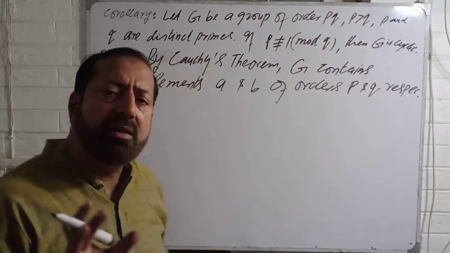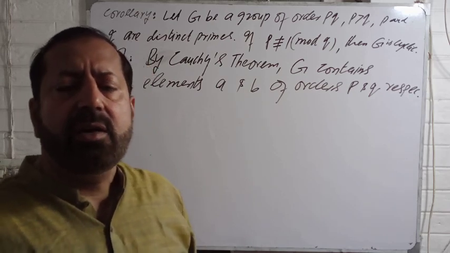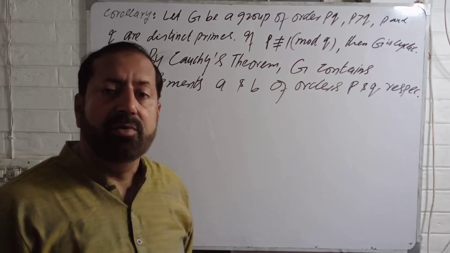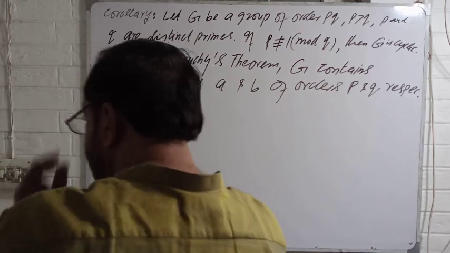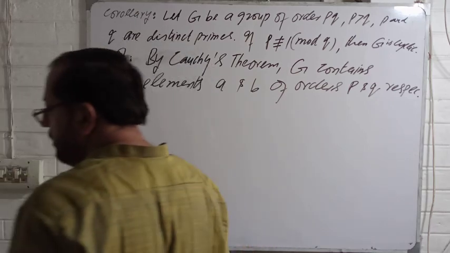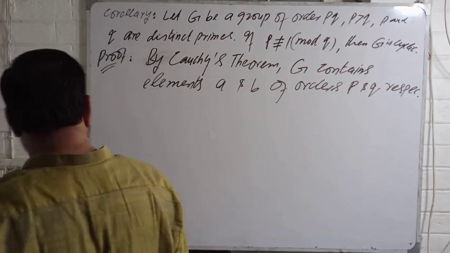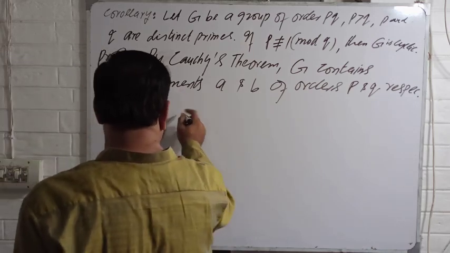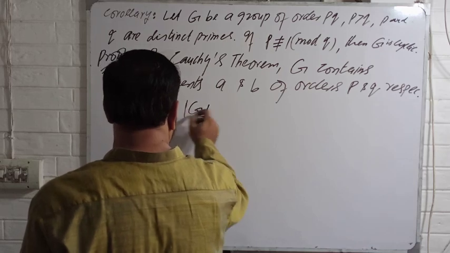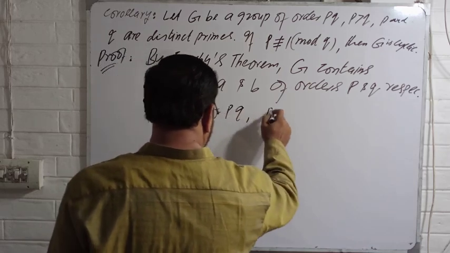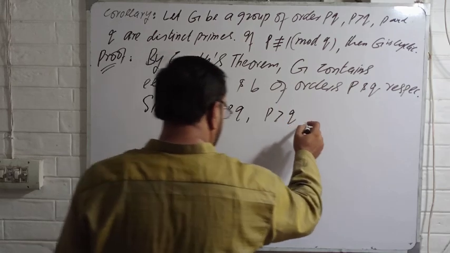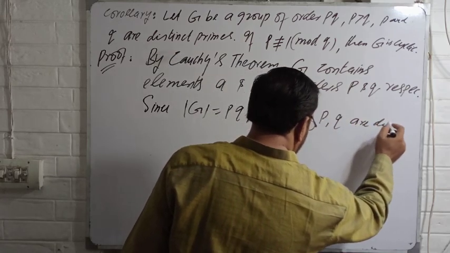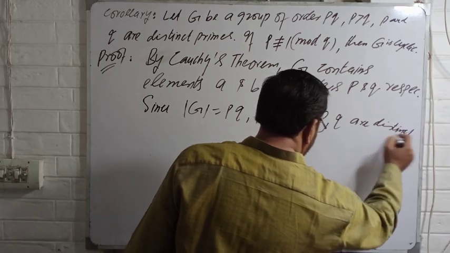But then you can have subgroups corresponding to these two elements of order P and order Q. So take, since by the last theorem, the order of G is equal to PQ, P greater than Q, and P, Q are distinct primes.